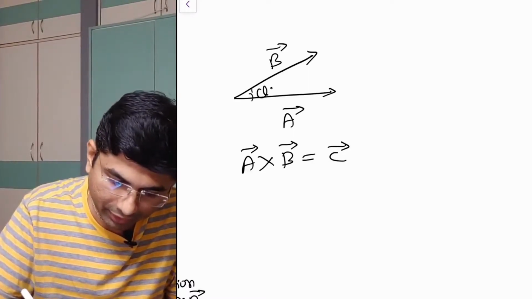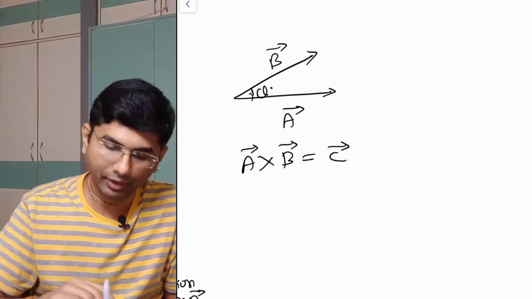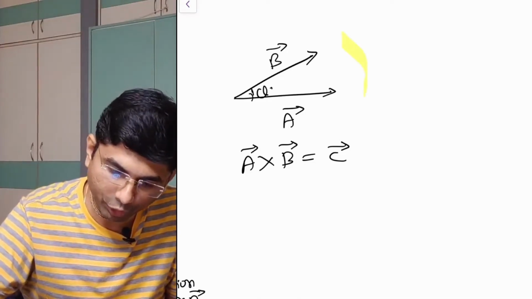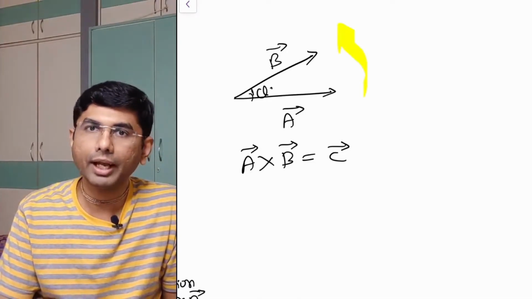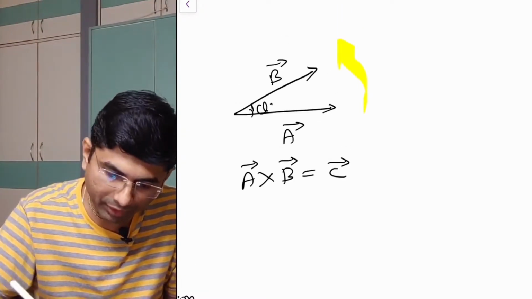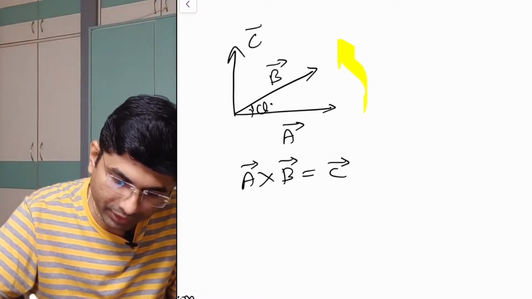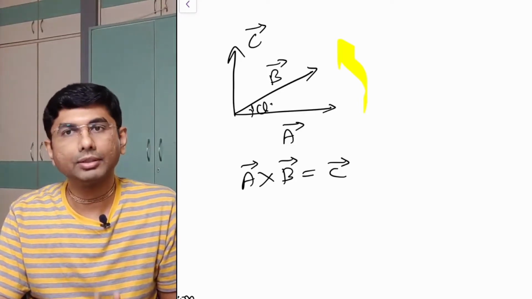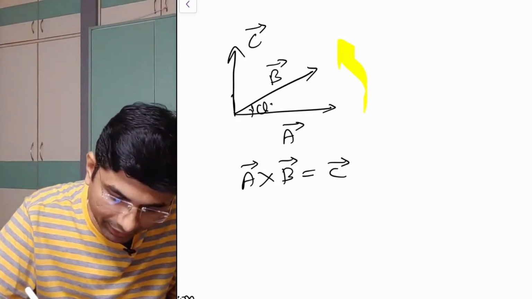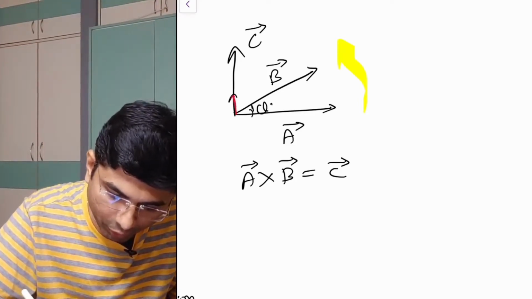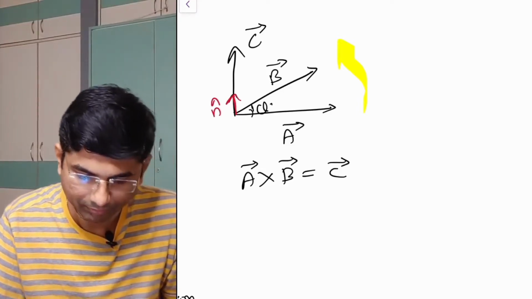Here is angle theta, and now I am curling my fingers from A to B, and in that case the direction will be upward. This is the direction of C vector. I am writing it as n cap, the unit vector along C vector.